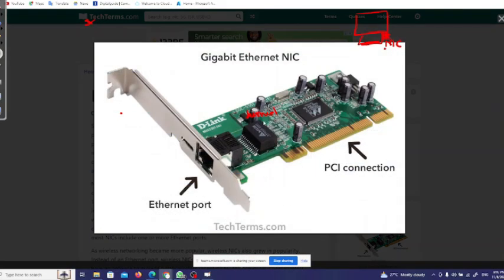On this network interface card, we have an address which is the MAC address, hard-coded on this card.